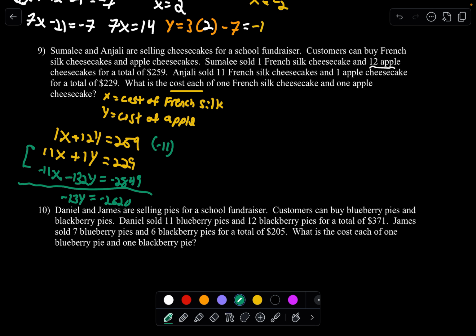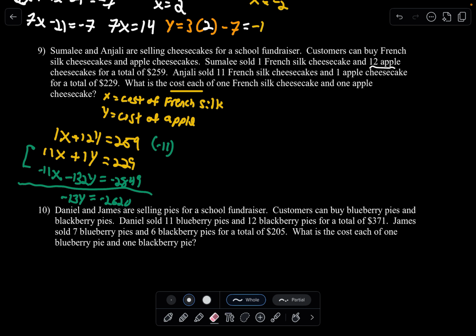Divide that by negative 13. And that gives you, did I type that in right? I thought it came out nice. 2620 divided by, did I say 13? Sorry. You divide 2620, well, it's not 13, it's 131.